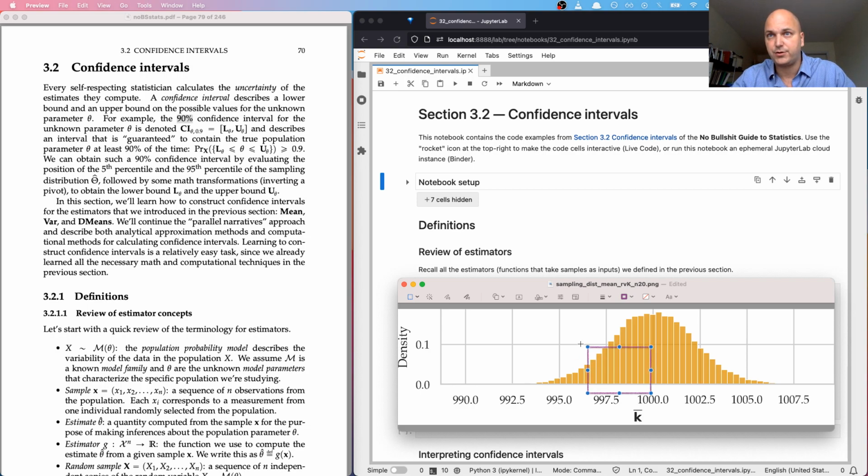We're going to take a region in the parameter space that contains roughly 95% of the probability mass. And when you want to report an estimate, you're going to report from 995 to 1,005.